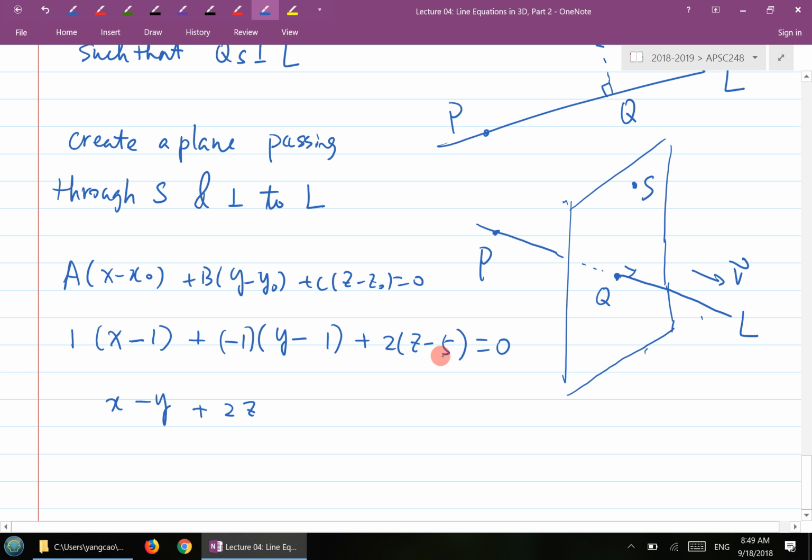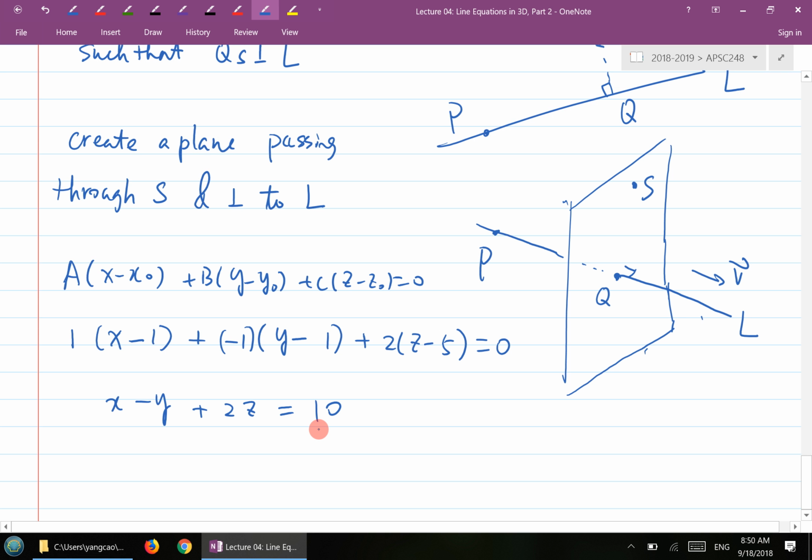And then you have 2 multiplied by -5, which is -10, and move it to the other side, you get +10. So I simplify to this simple plane equation. Is that clear?